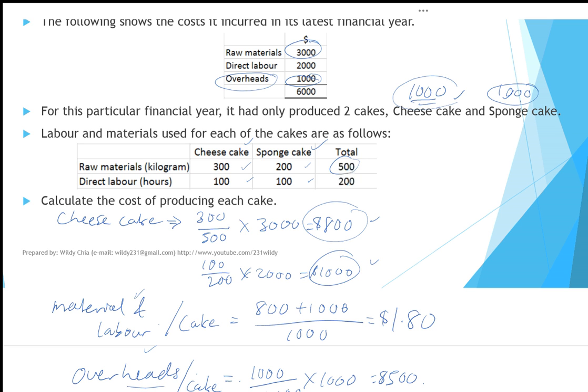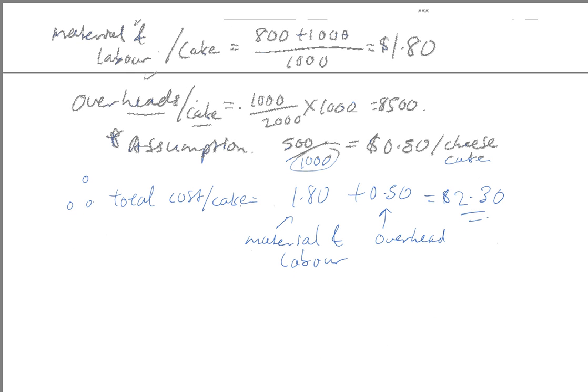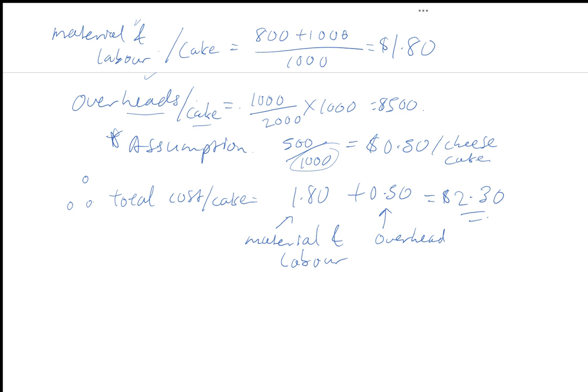Because baking is a labor intensive process, overhead costs should be allocated on the basis of labor hours. But even if you use labor hours in this case, you wouldn't change the answer. Right, so that is how you can determine the total cost per cake.